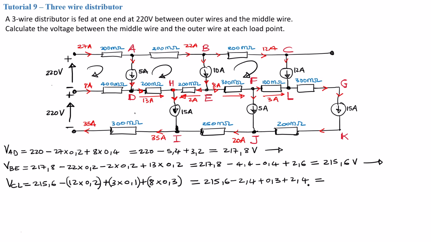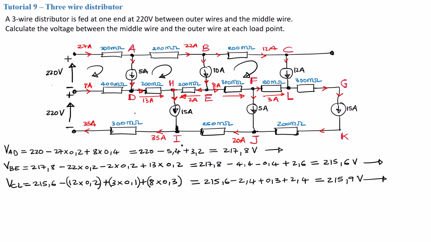So it's going to be 215.6 minus 2.4 plus 0.3 plus 2.4, and that's going to be 215.9 volt. And that's going to be the voltage across CL.